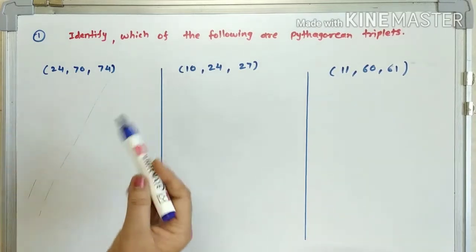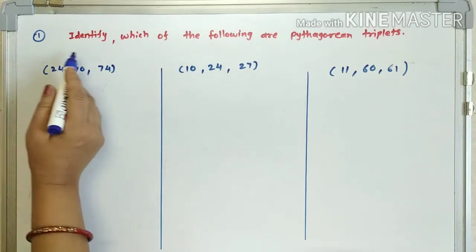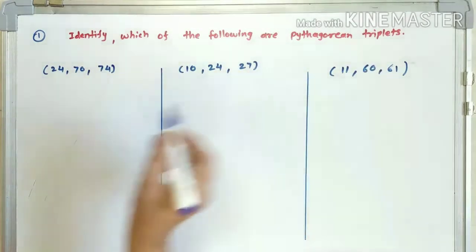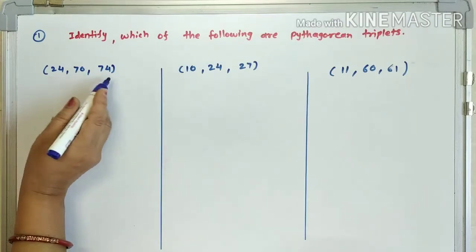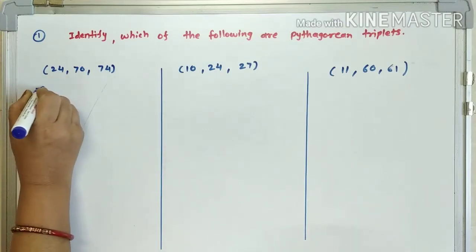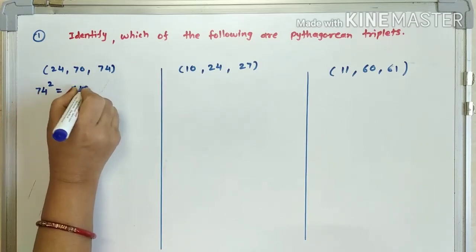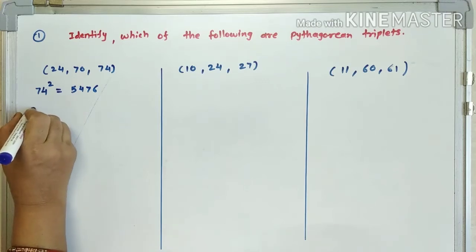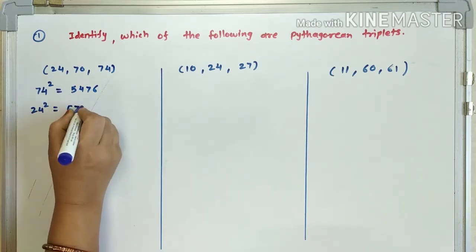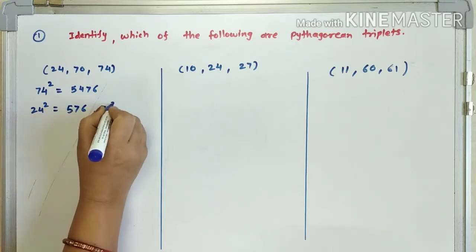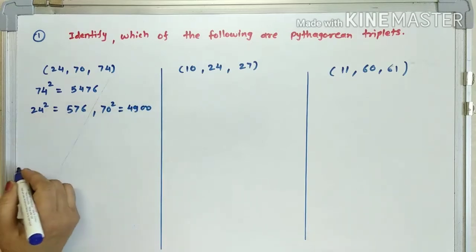Now we will solve some problems based on these theorems. First problem is, identify which of the following are Pythagorean triplets. First is 24, 70 and 74. The largest number is 74. 74 square equals 5476, and 24 square equals 576. 70 square equals 4900.